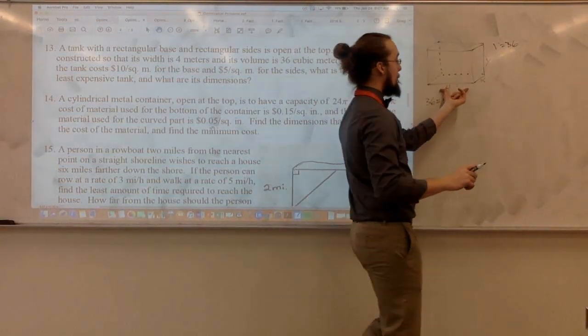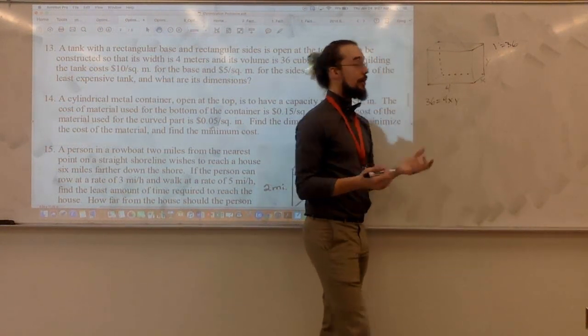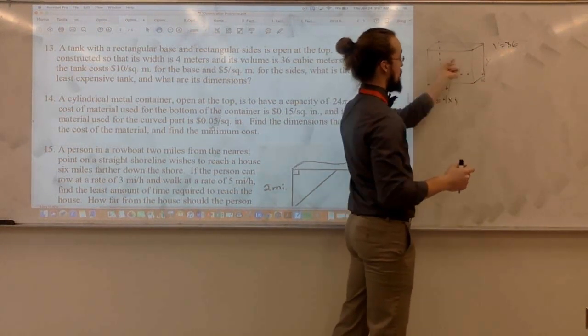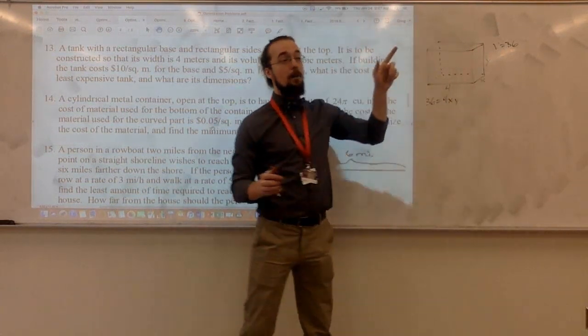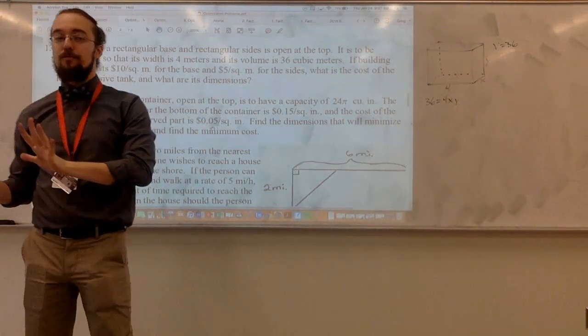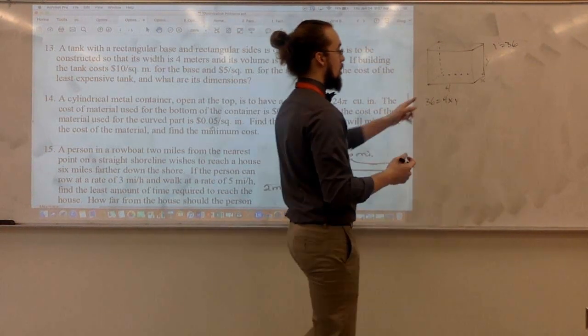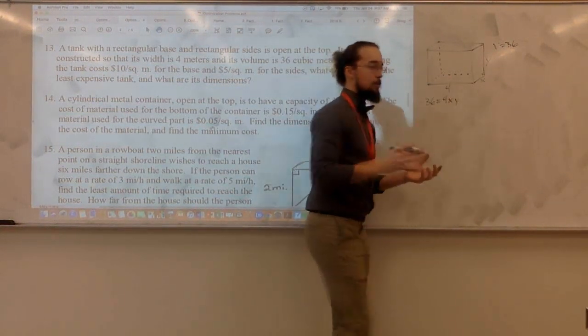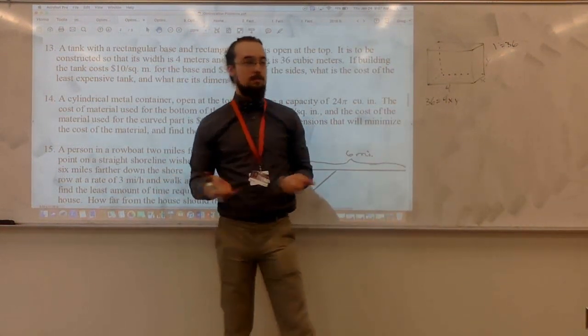So I can express the surface area as the bottom plus all 4 of the sides. I don't need a top. We're told it's an open top, so we're going to have 5 pieces that we're collecting here. The bottom. How can I express the area of the bottom? 4x.